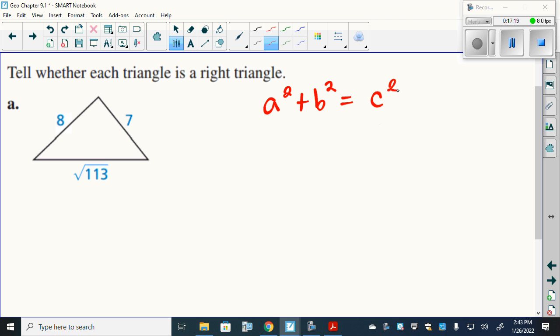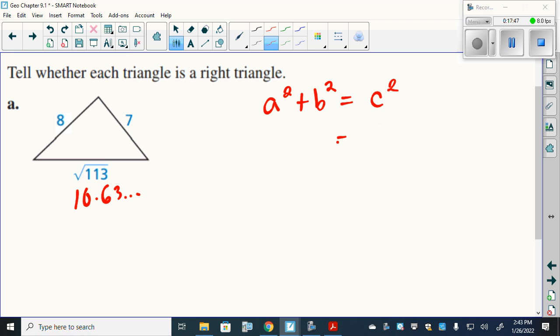So let's actually approximate the square root of 113. We can type the square root of 113 into the calculator. Most likely the yellow calculators will just throw back the square root of 113. 10.63. Well, we can say for certain that the square root of 113 is the hypotenuse because it is the biggest length.